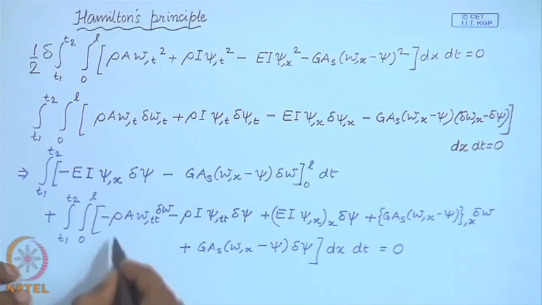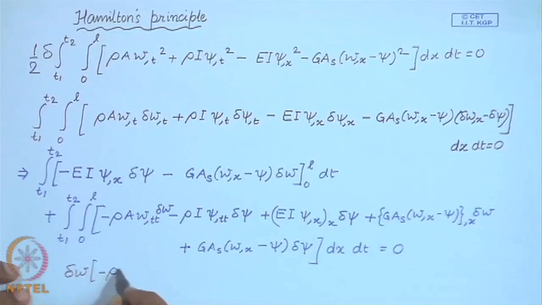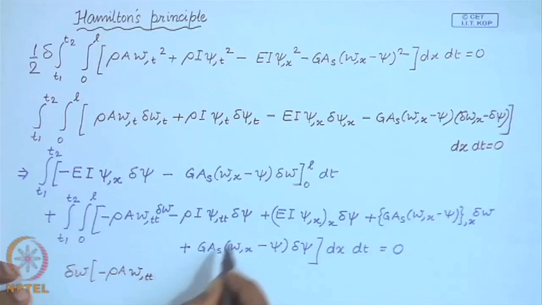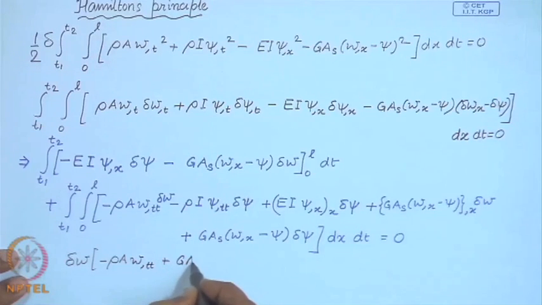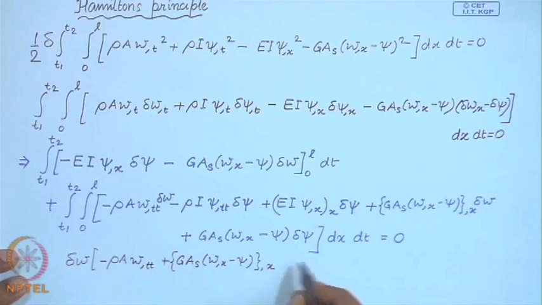From here, the coefficients of delta w: for arbitrary variation w, if this integral has to vanish, then this must be 0.